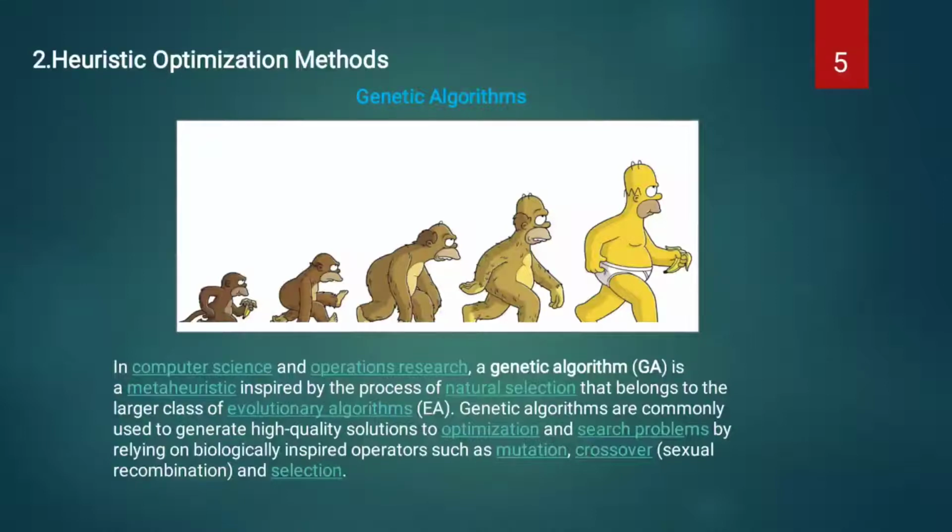Genetic algorithms are commonly used to generate high-quality solutions to optimization and search problems by relying on biologically inspired operators such as mutation, crossover, which means sexual recombination, and selection.